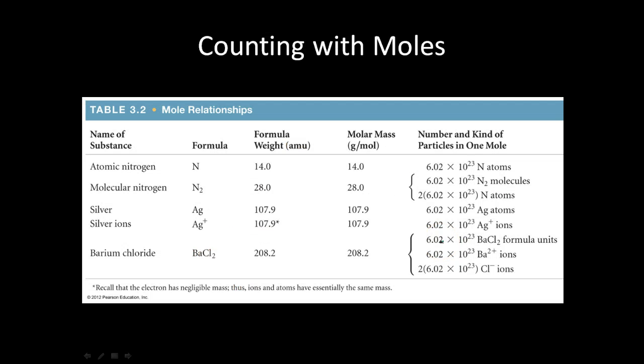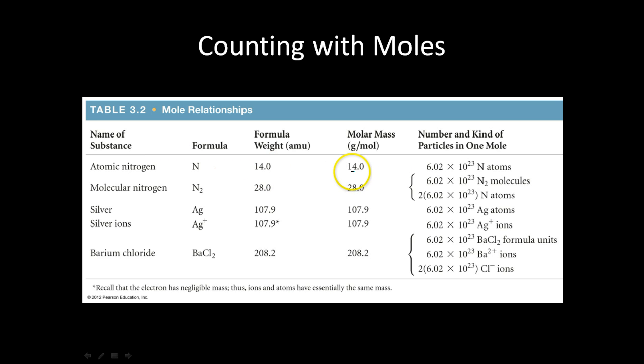So this is a very, very useful table from your textbook. It reminds you the relationship between molar mass and formula weights. So atomic nitrogen has a formula weight of 14.0. If we look at the periodic table, that's the number underneath nitrogen to the first decimal place.